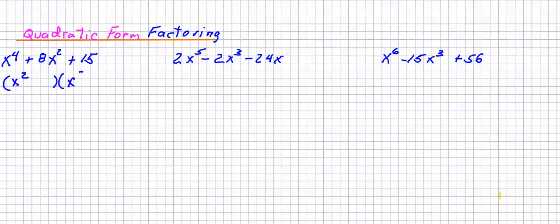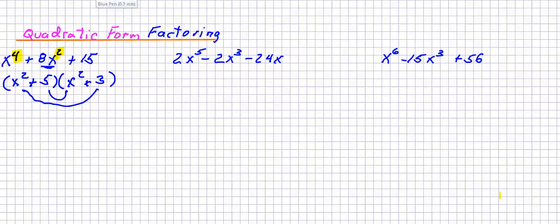X squared, instead of x and x, it's x squared and x squared, plus 5 plus 3, 5x squared, 3x squared is 8x squared. We're done. That's it. Nothing else. All right? But it's because this was an even number and this was half of that even number.